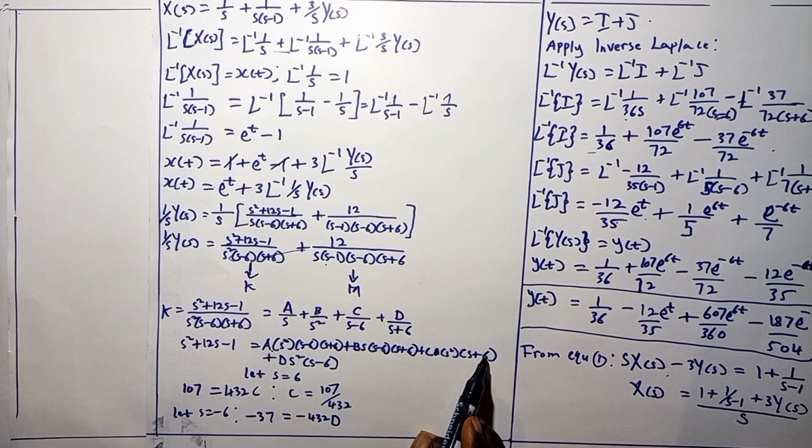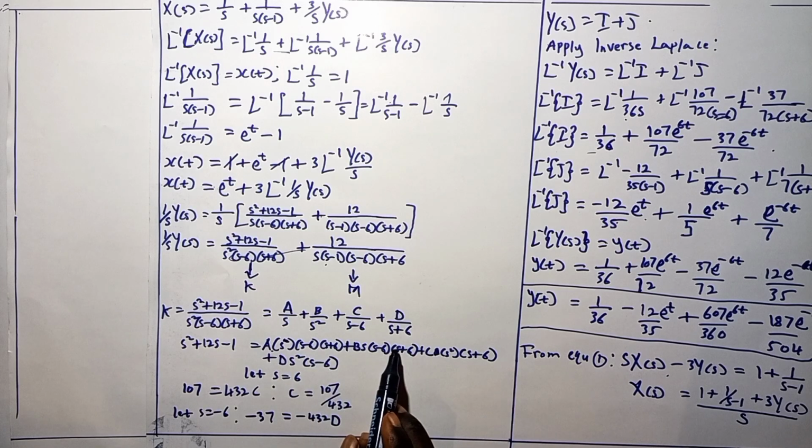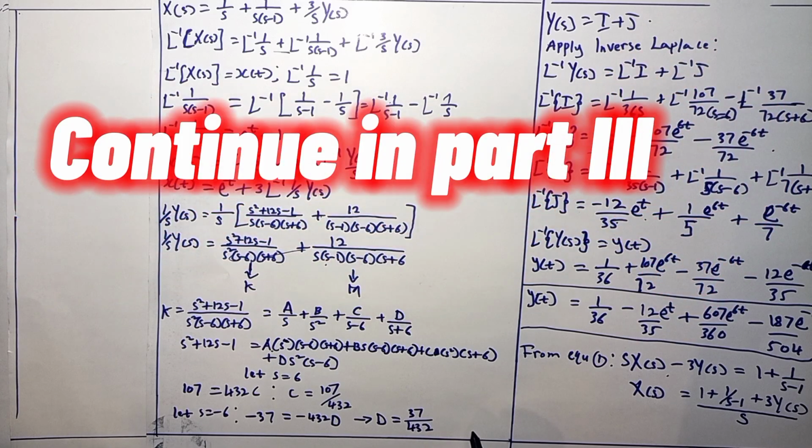Every other one will be eliminated because it's minus 6, so minus 6, 0, 0, 0. Only this will remain. So for d now, d gives us 37 over 432. So we are left with a and b. We have gotten c and d, so a and b next.